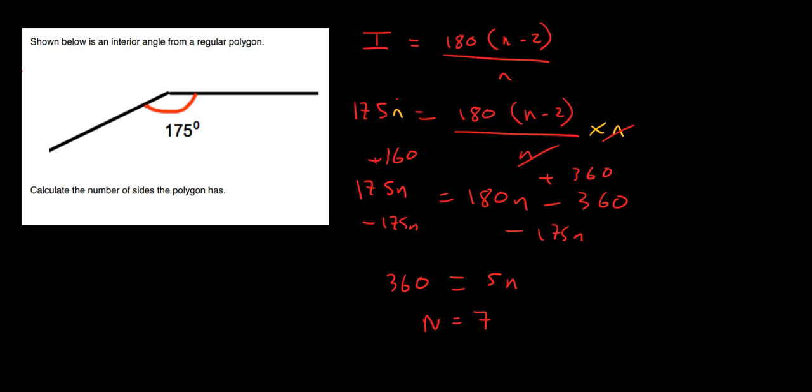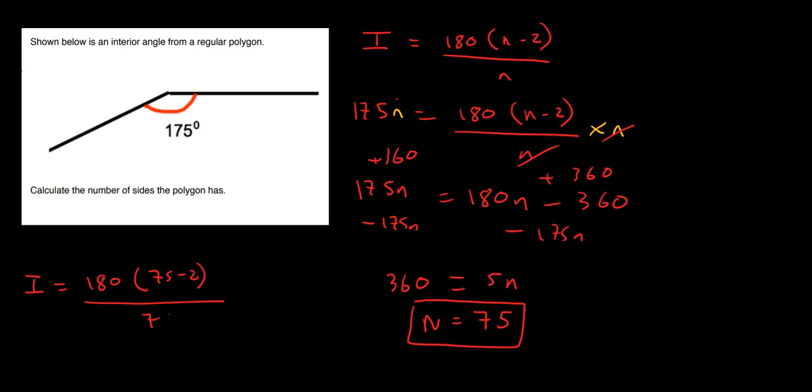Okay, this is right. Wow, that's pretty amazing. We can check to see if that's right by doing internal angle 180 degrees, 75 minus 2 divided by 75. So we've got 180 times 73 divided by 75 is indeed 175.